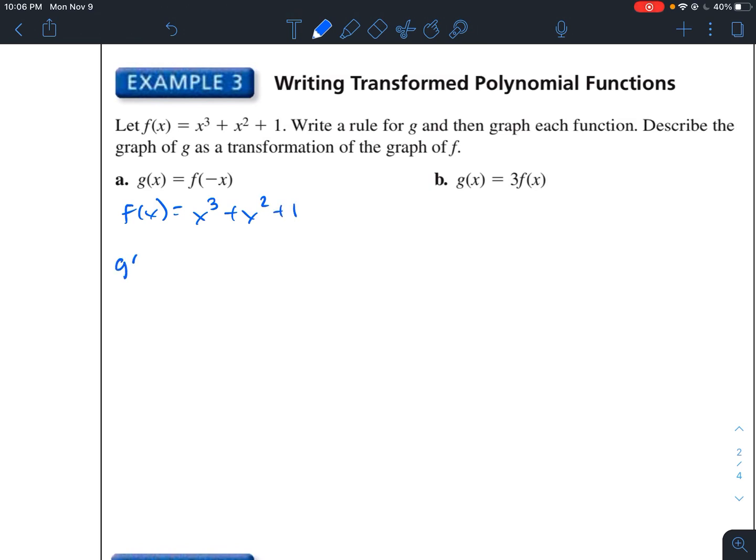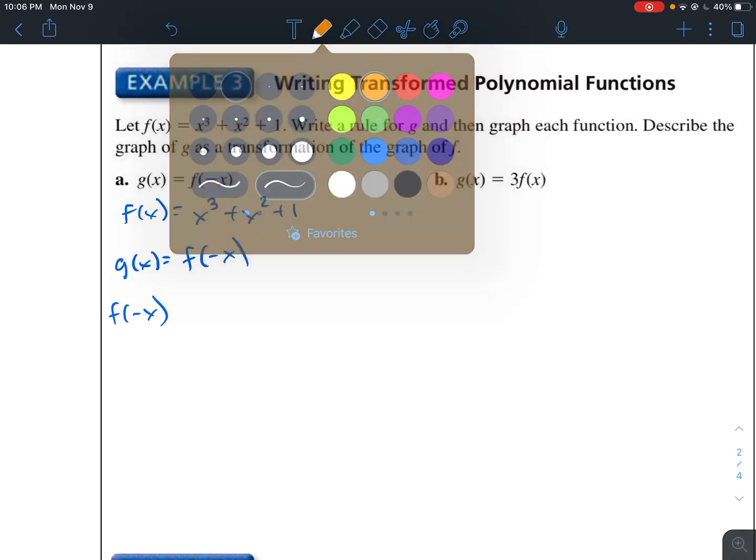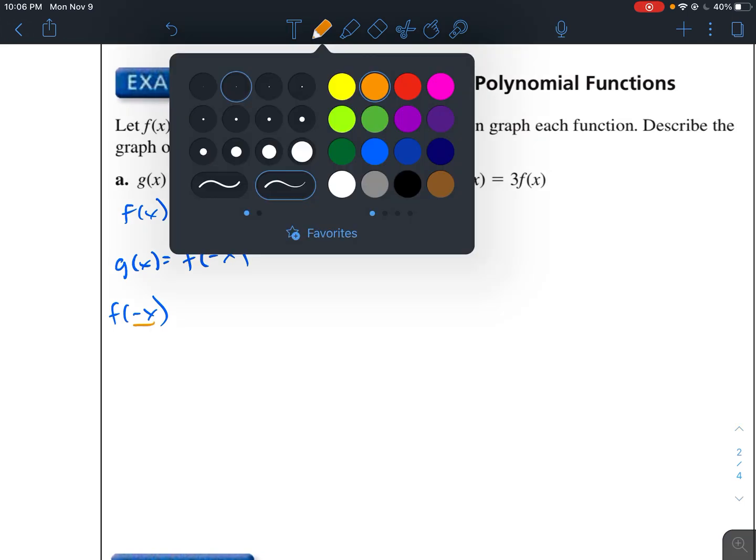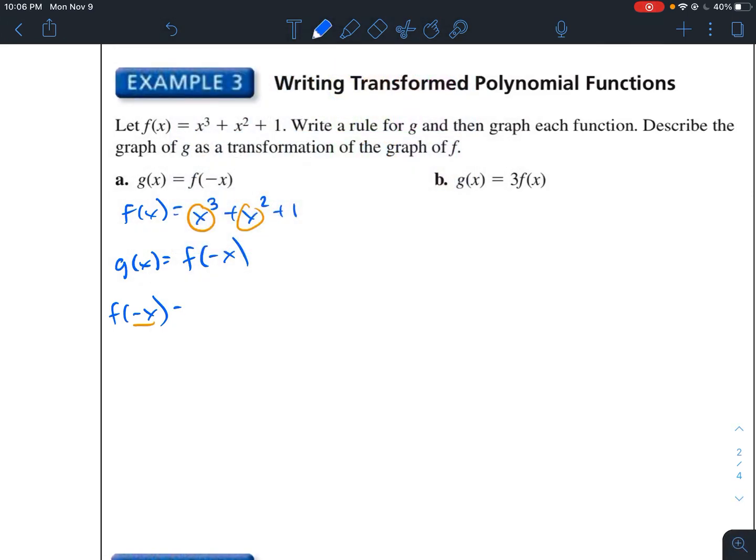G of x is equal to f of negative x. So now we have to write f of negative x. We can do that by replacing the x values right here with negative x. So f of negative x is equal to negative x cubed plus negative x squared plus 1.